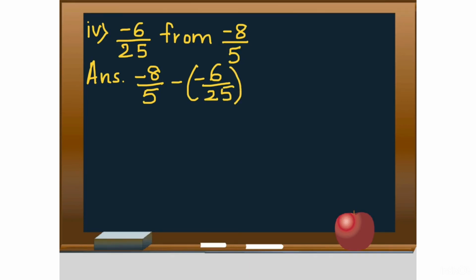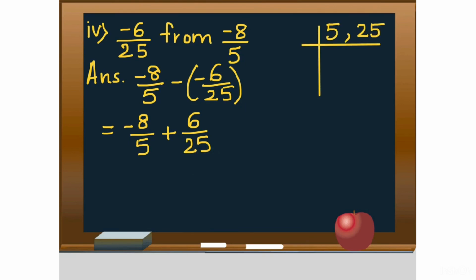This expression is equal to minus 8 by 5, minus into minus is plus 6 by 25. Now you can see that the denominators are not the same. So we will find the LCM of 5 and 25. Let's find the LCM of 5 and 25.